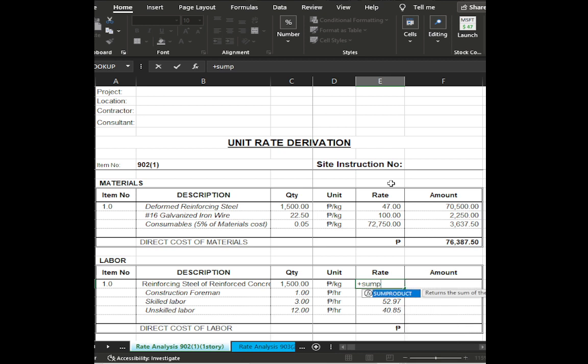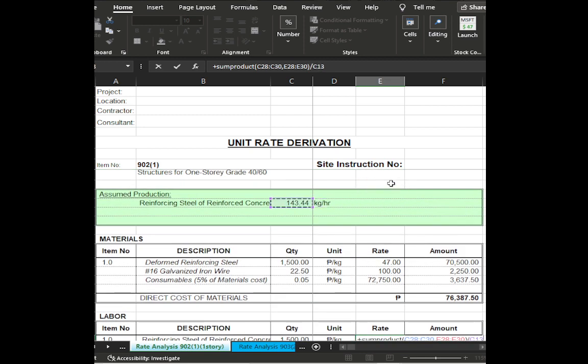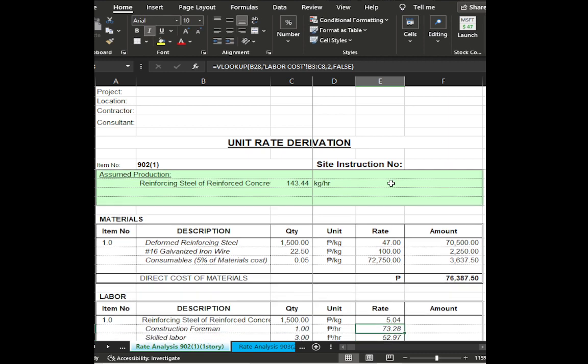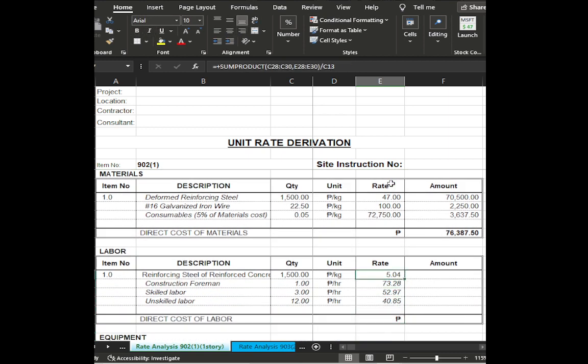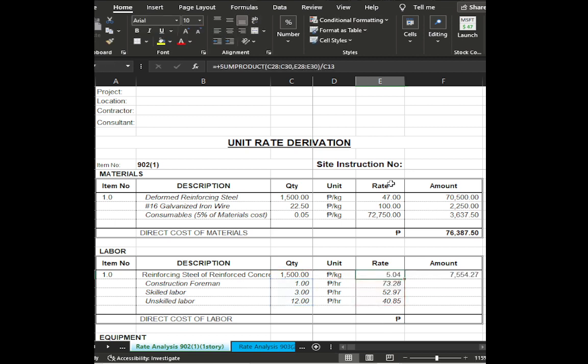So sum product of this quantity to the rate, then we will divide it by our assumed production, which is 143.44, so that we can get the amount per kilogram of labor. So we will multiply it to the quantity, 5.04 only, guys, for the labor per kilogram of reinforcing steel.